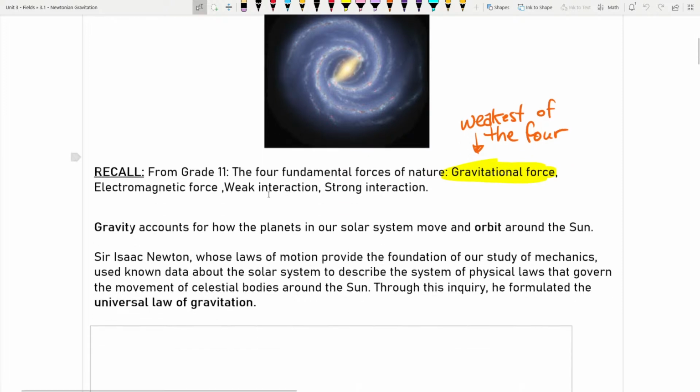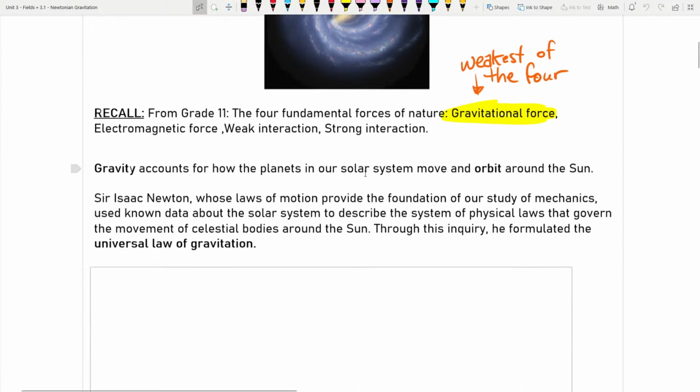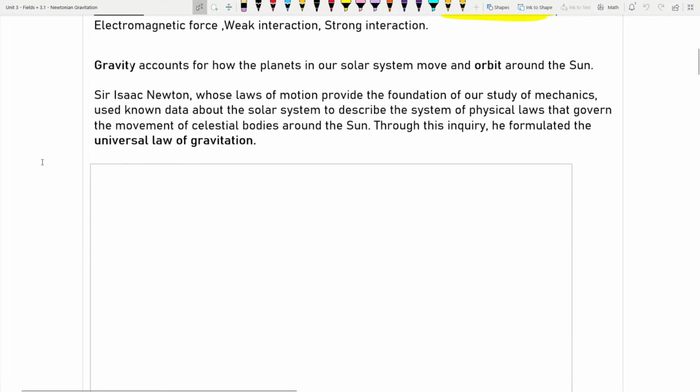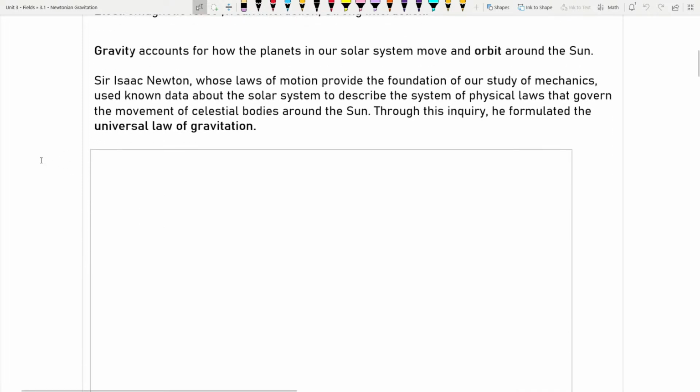So gravity accounts for how the planets in our solar system move and orbit the sun. And Newton, whose laws of motion provide the foundation for our study in mechanics, used known data about the solar system to describe the system of physical laws that govern the movement of celestial bodies around the sun. In other words, people had already done research to look at how the planets moved around the sun.